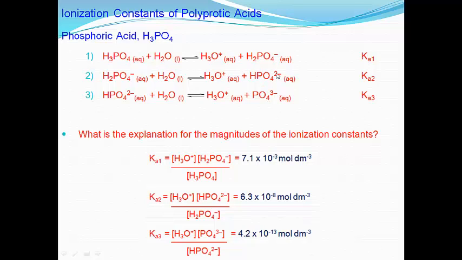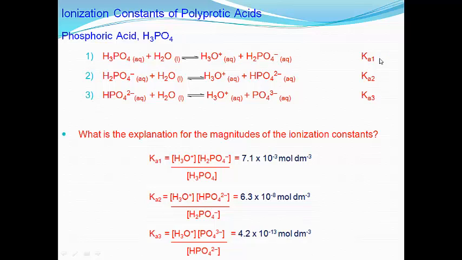And so the pull on the proton from this HPO4 2 minus is going to be much larger, and therefore it's going to be much more difficult for the proton to be lost from this HPO4 2 minus. And even further, when we look at this one here, we can consider another proton interacting with a PO4 3 minus anion, a much stronger electrostatic pull on that one single proton, and it's a much more difficult separation than in the second step and than in the first step.